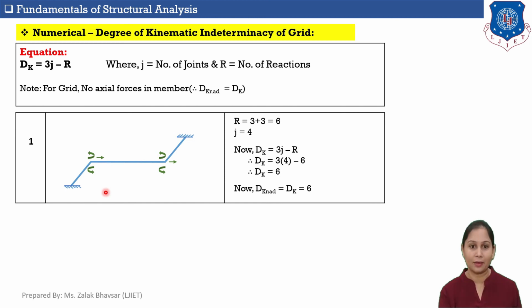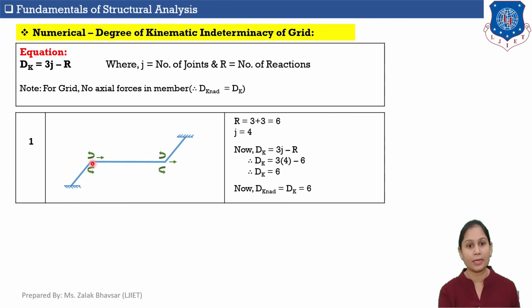Now let's verify our answer from the figure. We already discussed that at a fixed support, no displacement will be possible. And remember one thing, at each internal joint of the grid structure, number of possible displacements will be 3, 2 rotations and 1 vertical displacement. And here in our case, number of internal joints is 2.